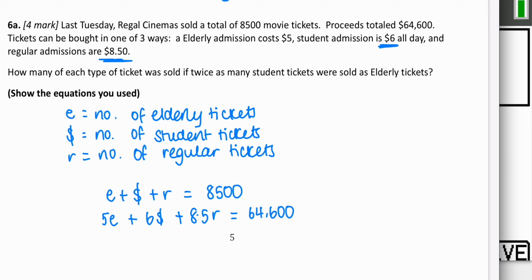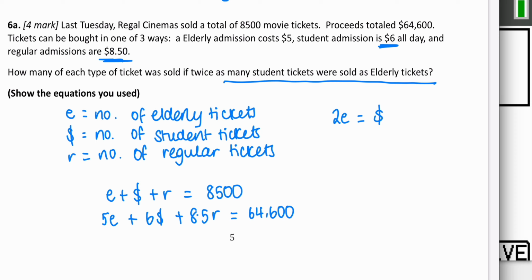And then I'm looking for one more equation. And I know that I need 3 because I have 3 unknowns, E, S, and R. And you're told that twice as many student tickets were sold as elderly tickets. So that means that 2E is equal to S. So I need to rearrange that into the same form.